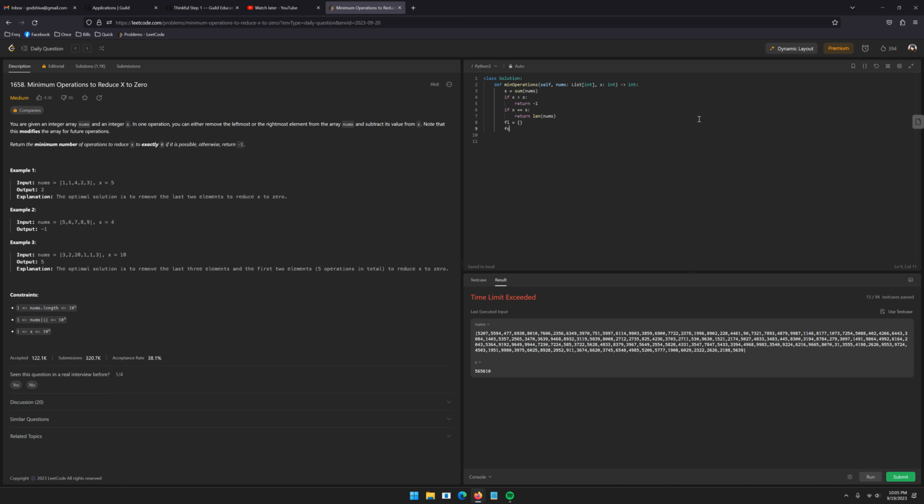So for i in range length nums, and then s equals 0, s plus equals nums i, then if s not in fr, then fr of s equals i plus 1, because we have to actually include the number.